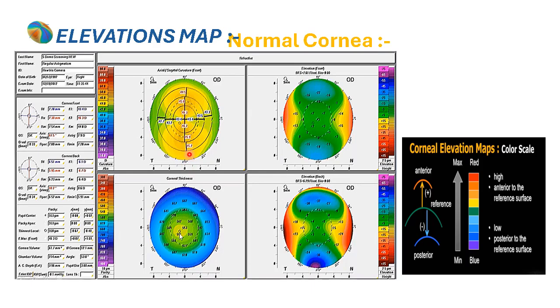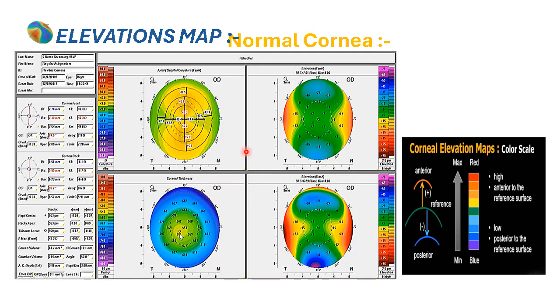Hot colors are present in the vertical meridian and cold colors in the horizontal meridian. However, in the elevation map, because of the elevation in the center and depression in the periphery, you can see the reversal of the colors as compared to the curvature map. So it is always important, when you interpret the findings, to look at what you are reading. Are you reading the axial map or the elevation map? Because the interpretation will be different.